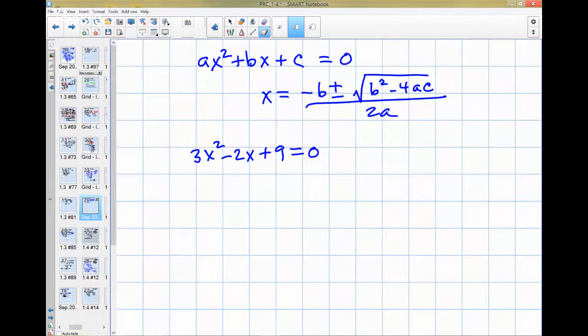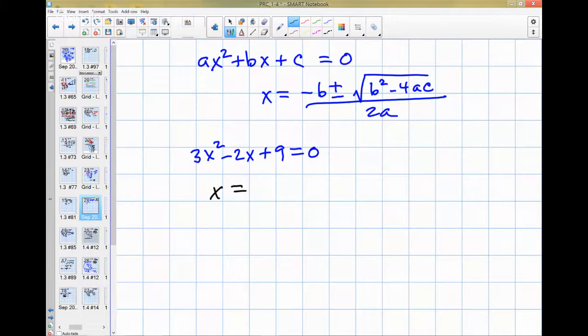Let's use the quadratic formula to find out. What's A, B, and C? A is the coefficient of the squared term, B is the coefficient of the first degree term, x, and C is just the constant.